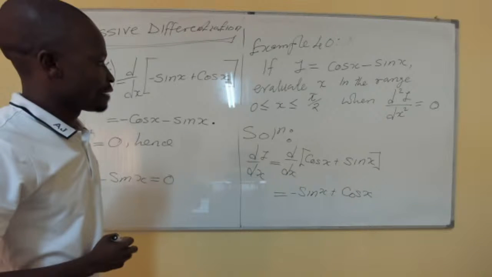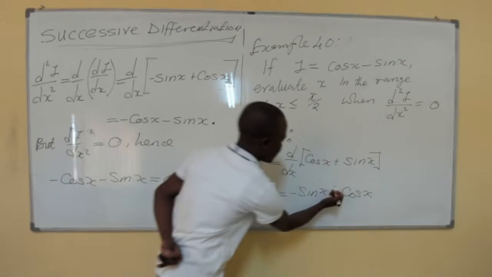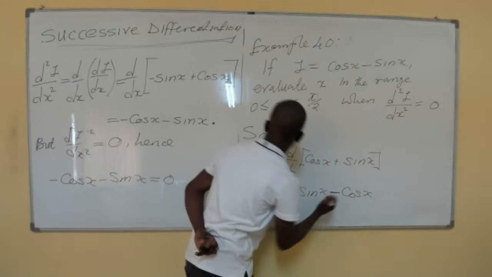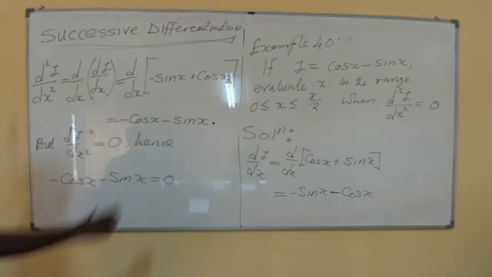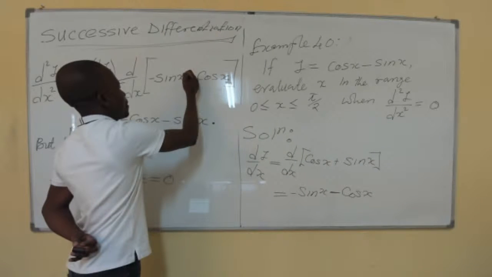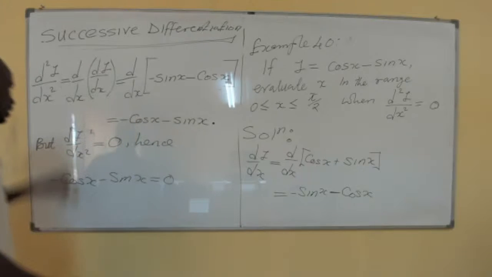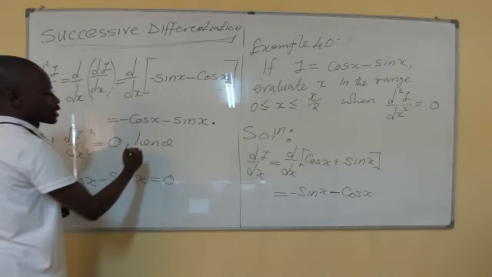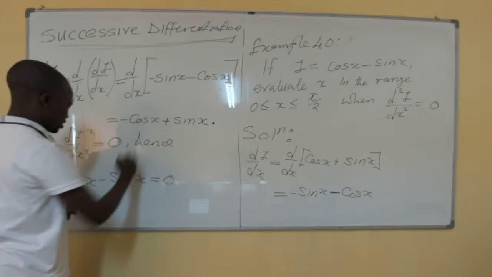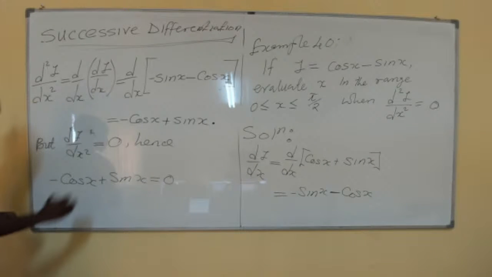After having that minus, we are going to have a minus here, also a minus here. Then when we take the second derivative, sorry for that, we're supposed to have a plus here. Okay, that is fine now.